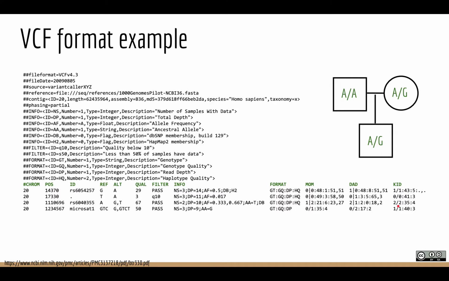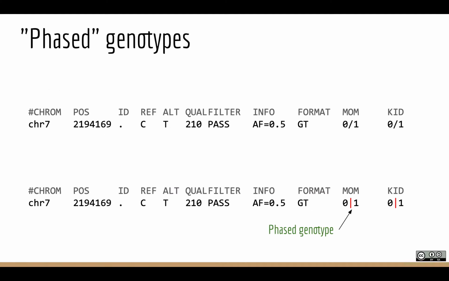The pipe indicates that we can know with confidence whether or not the allele came from one parent or the other. And we're going to walk through some examples of how we might know that information.